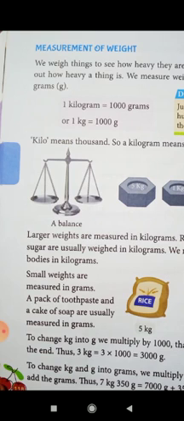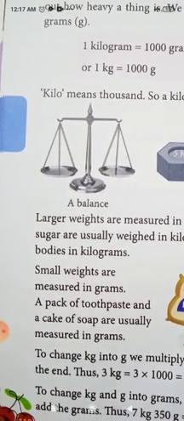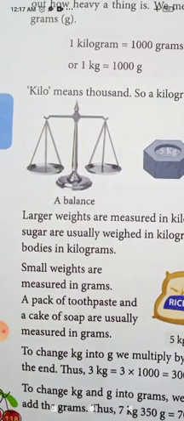So students, small weights are not much larger or not much heavier, and those weights are measured in grams. Heavier weights are measured in kilograms, and smaller weights are measured in grams. For example, a pack of toothpaste and a cake of soap are usually measured in grams.